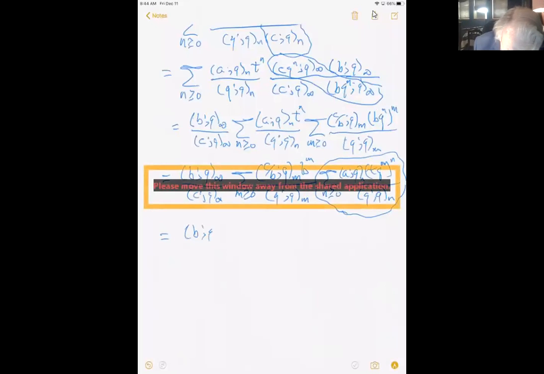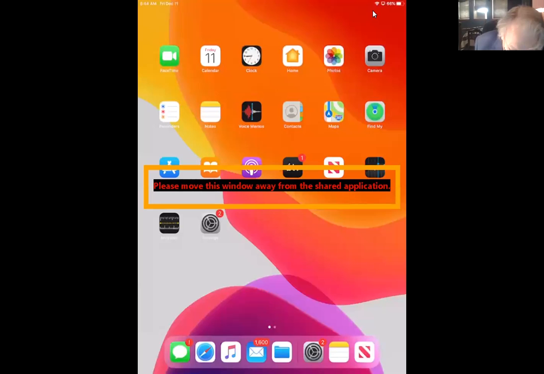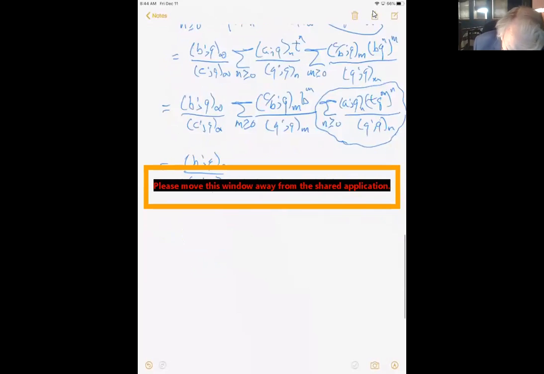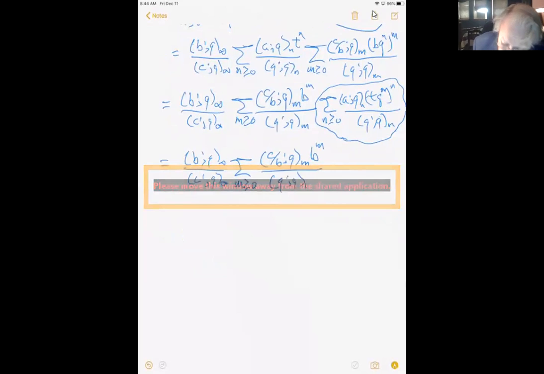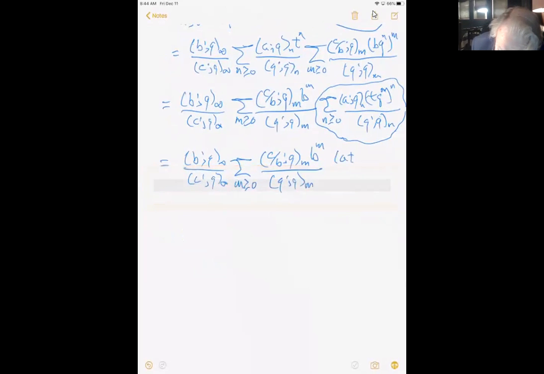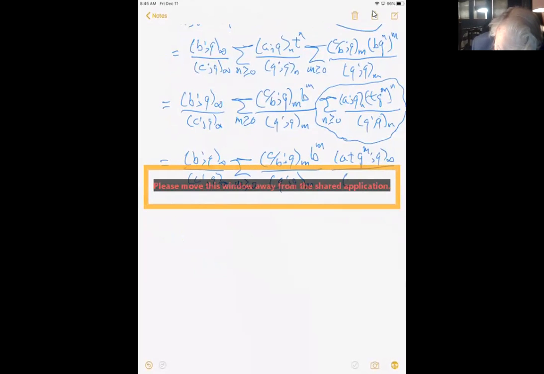So this is (b;q)_infinity over (c;q)_infinity, summation m greater than or equal to 0, c over b q sub m, b to the m, q sub m. And now what is the infinite product? It's (atq^m;q)_infinity divided by (tq^m;q)_infinity.